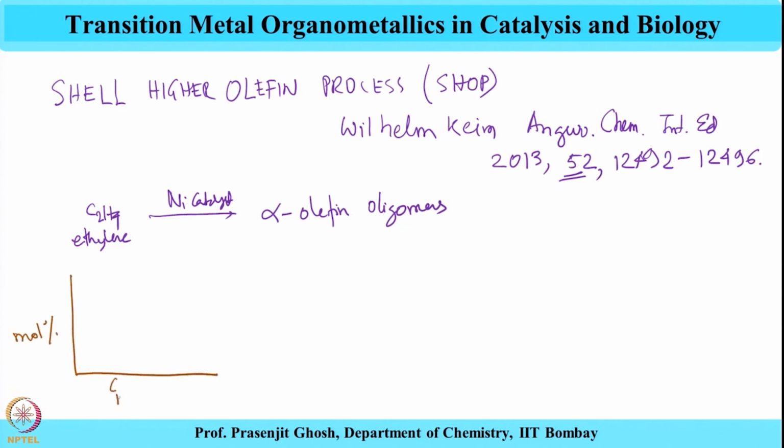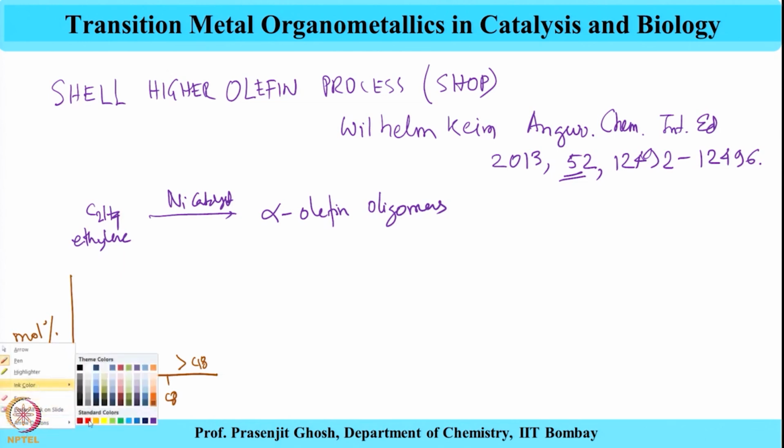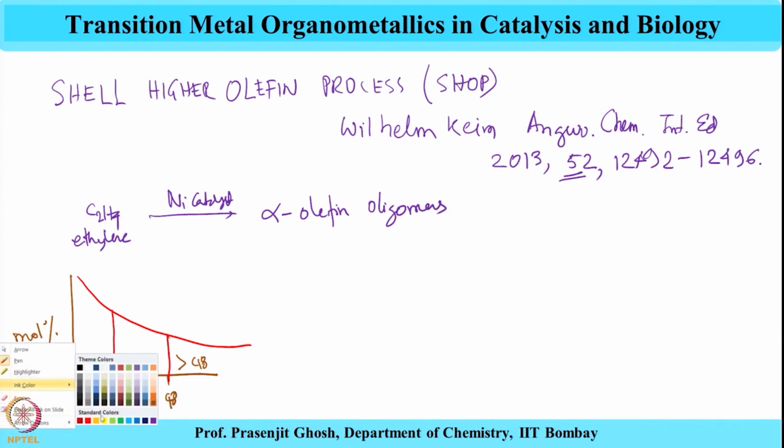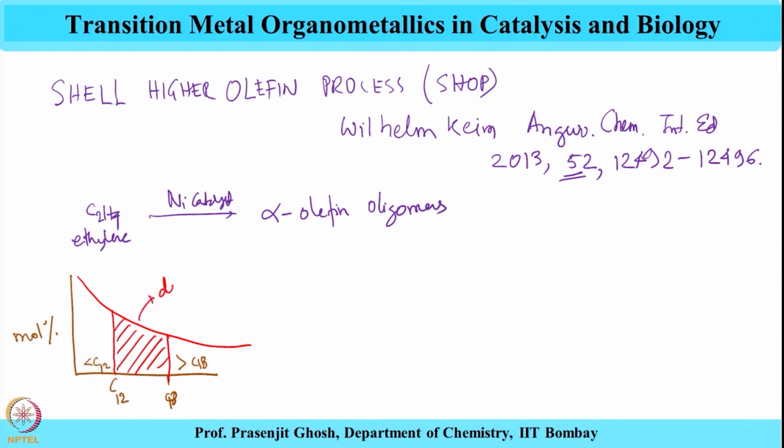Mole percent from C12 to C18, and this is greater than C18 and this is less than C12, and the distribution goes something like this, of which the range of alpha olefins from C12 to C18, this range was used for making detergents.